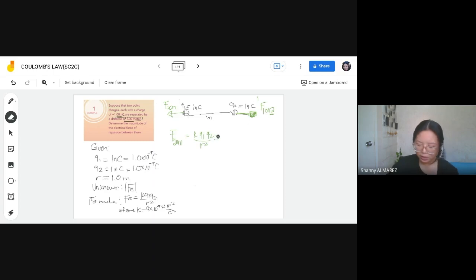So this will give us 9 times 10 raised to 9 Newton meter squared per Coulomb squared times the quantity. The first charge, ito ang titingnan natin. The one with standard unit. So the first quantity is 1.0 times 10 raised to negative 9 Coulomb. The other quantity is the same, 1 times 10 raised to negative 9 Coulomb. And we can divide it by the distance between them, which is 1.0 meter. Yan.